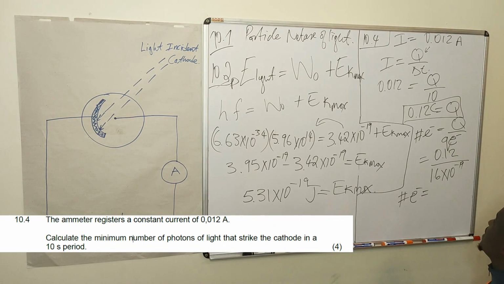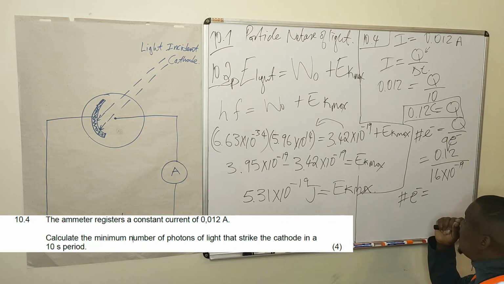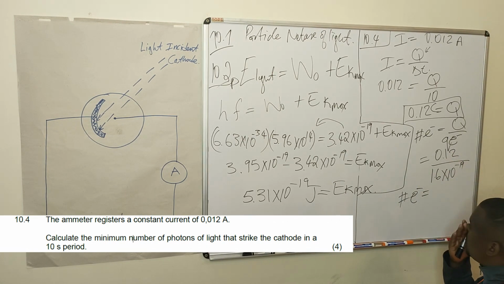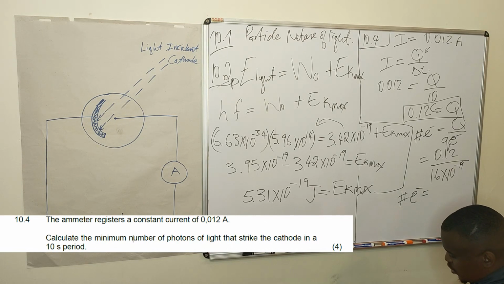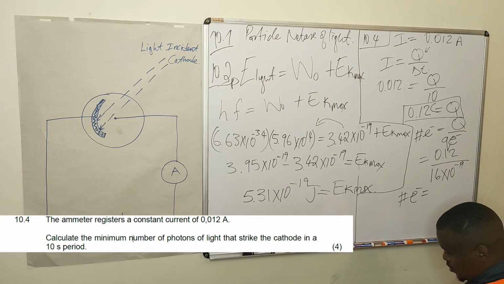Your answer would be the number of electrons, which should be the same as the number of photons, because each photon is responsible for knocking out each electron. So if you find this number of electrons, then you have your number of photons. They are the same. So 0.12 over 1.6 times 10 to the negative 19.